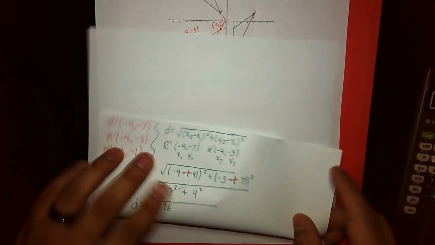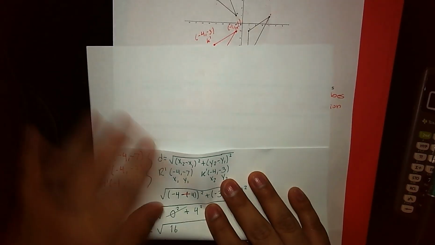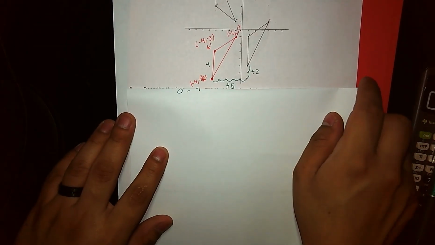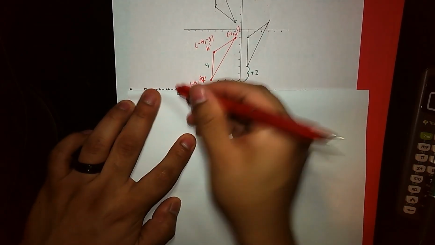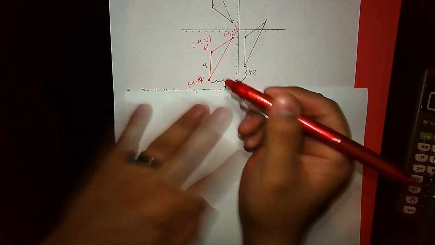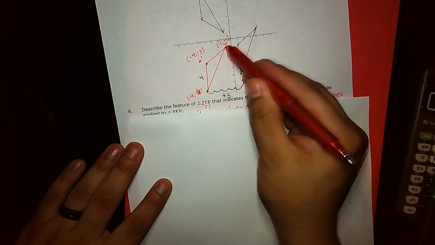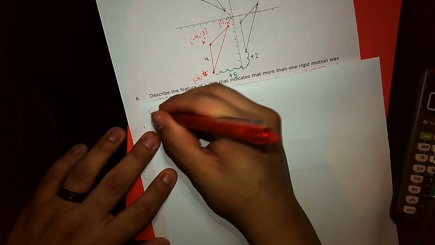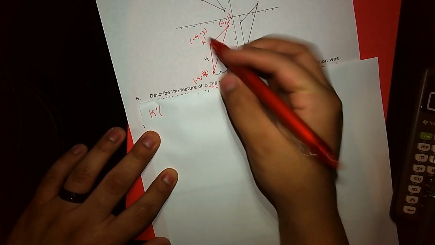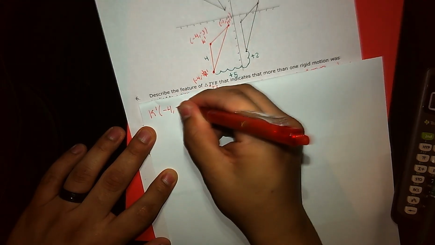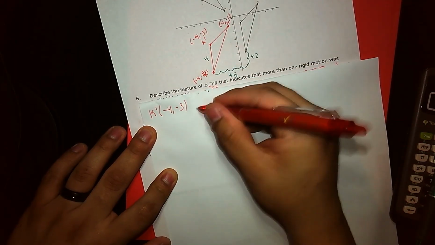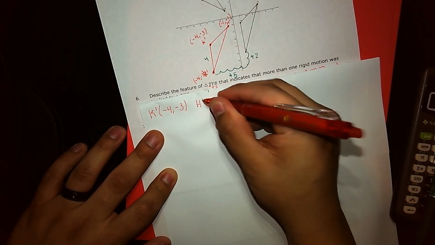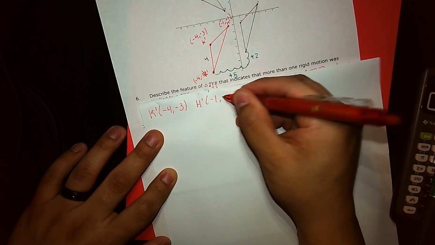I'm going to fold this and make some space here just so we can keep using the same paper. Okay, let's do K prime to H prime. We know K prime sits at (-4, -3), and we know H prime sits at (-1, -1).